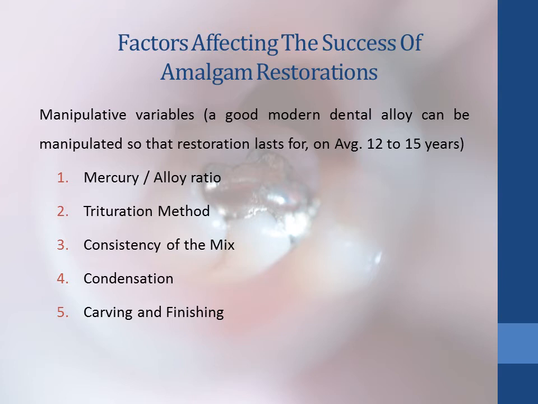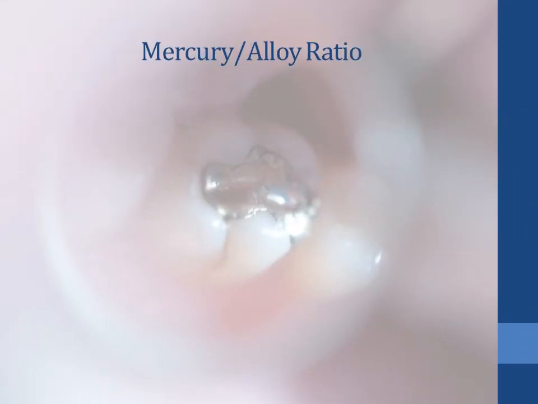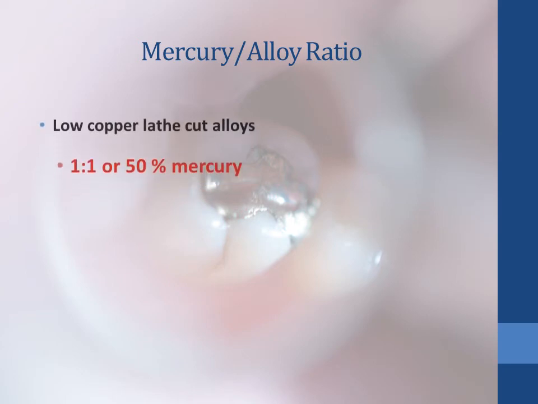So it's a very durable material, and the factors again are the mercury alloy ratio, the trituration method, the consistency of the mix, the condensation, carving, finishing, and all the steps that are basically involved in the amalgam restoration. Let's talk about the mercury alloy ratio.